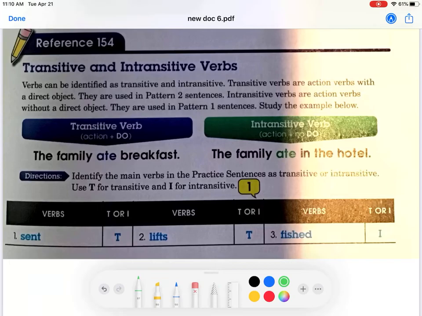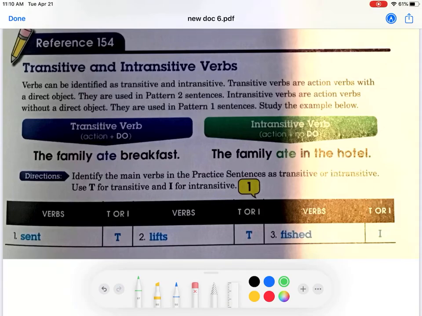If it is intransitive, it means it has no object after it. It has nothing it can transfer its action to. So it is an action verb still, but it has nothing to transfer. So it's just a regular action verb. So in this example, on the green side, the family ate what?